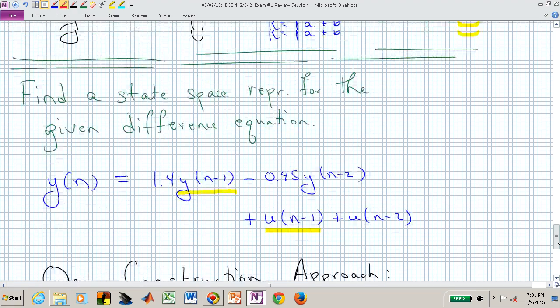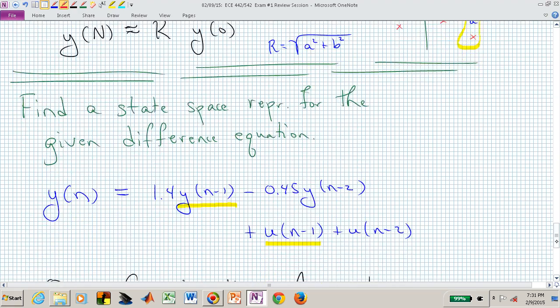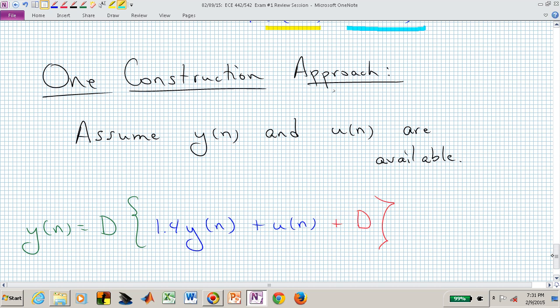And one of the pieces inside the red bracket is going to be minus 0.45, and the other one is u of n minus 2. Meaning I can now, in here, say I have a minus 0.45 y of n, which will get delayed twice. Here's once, there's twice, to give me that term on the right.